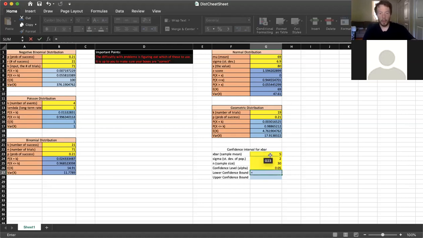It's gonna be X bar minus the absolute value of the alpha over 2 quantile of the standard normal distribution. So that is NORM.S.INV of the confidence level divided by 2. So I want that value, that's my C value, and I want to times it by the standard deviation.